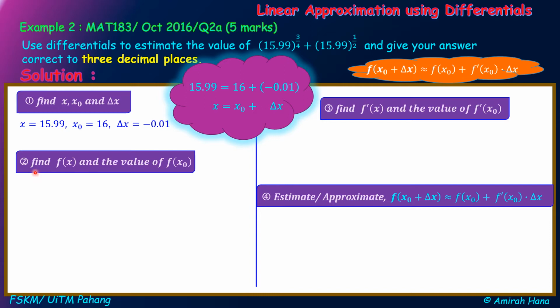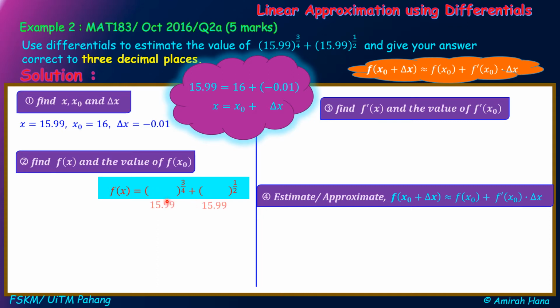After that, step 2, we need to find f(x) and the value of f(x naught). How to find f(x)? From the given question, we have 15.99 to the power of 3 over 4 plus 15.99 to the power of half, and we assume it equals f(x). But if the left hand side is f(x), we need to write the right hand side in terms of variable x.